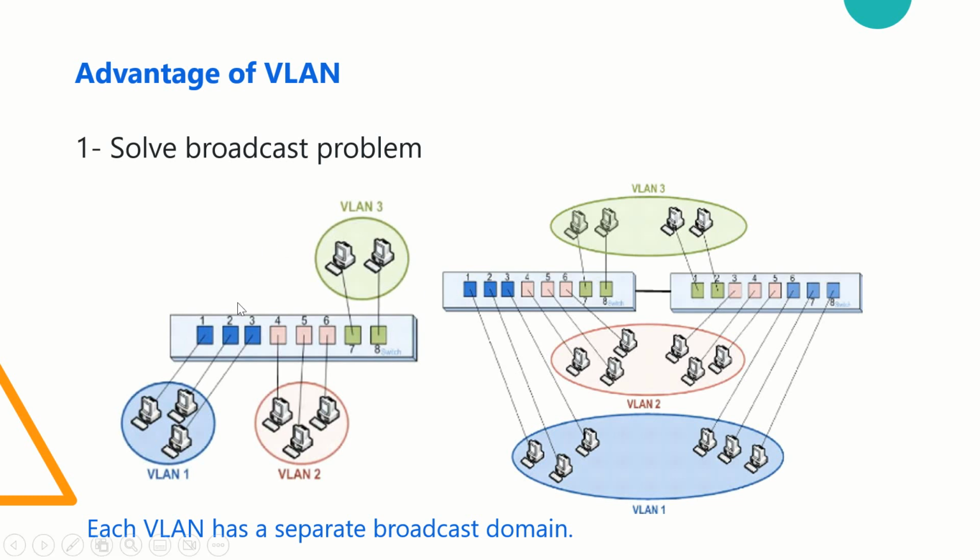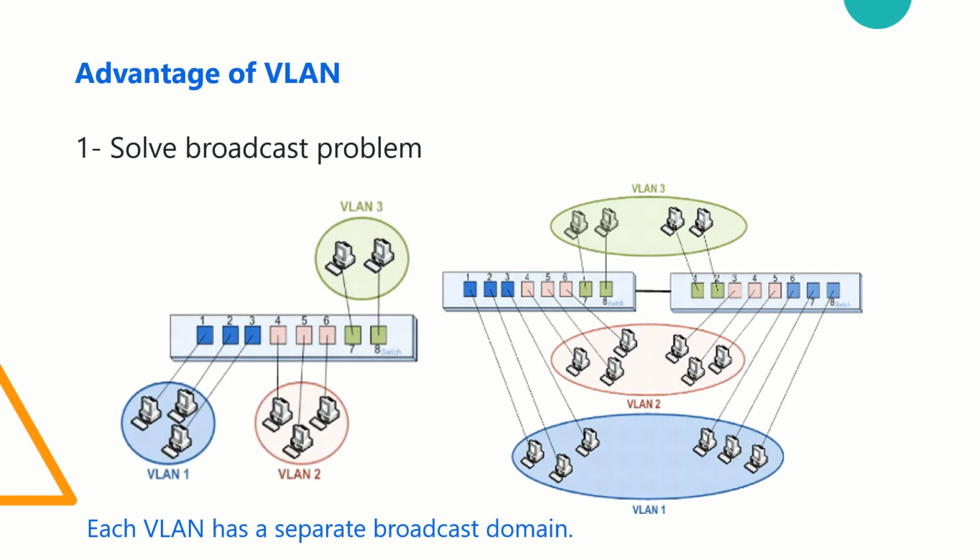In this network, for example, all the devices that are in VLAN 1 in different switches, you can see this is switch 1, this is switch 2, can communicate together directly because they are in VLAN 1.